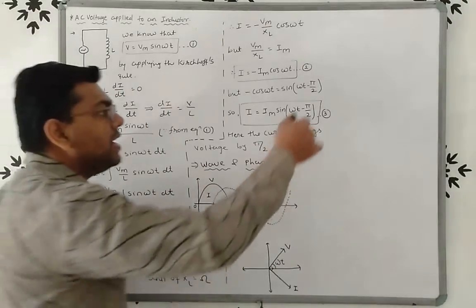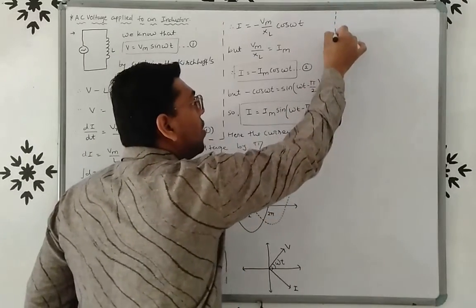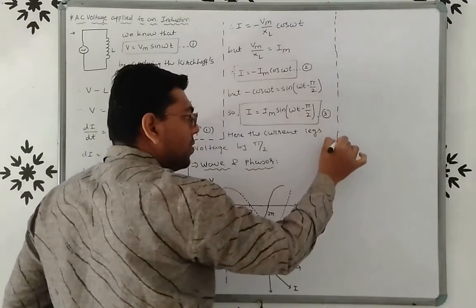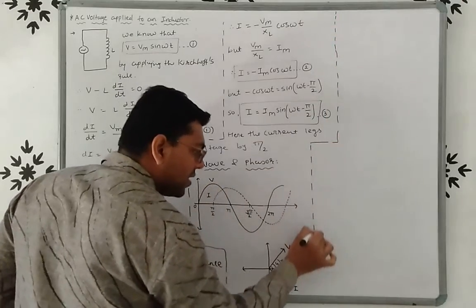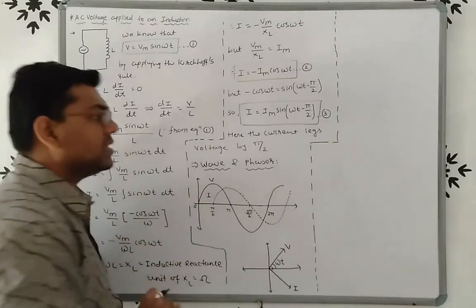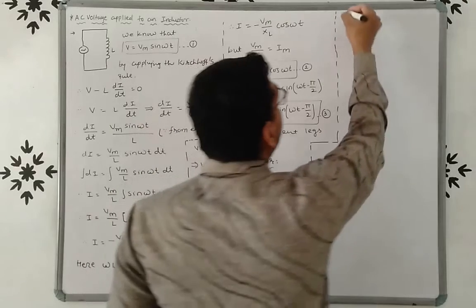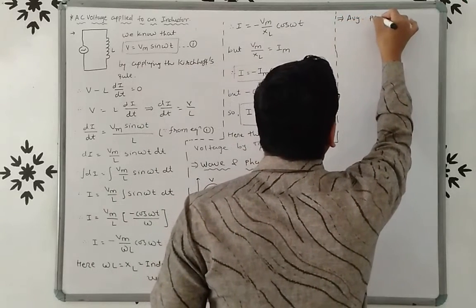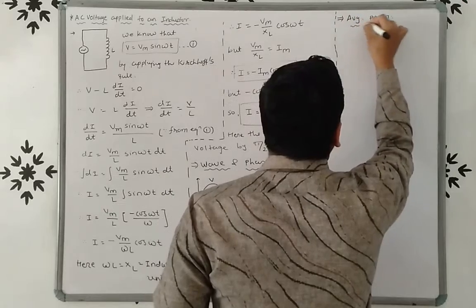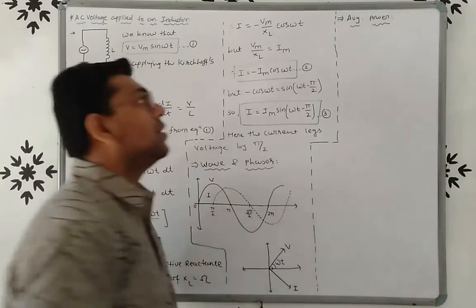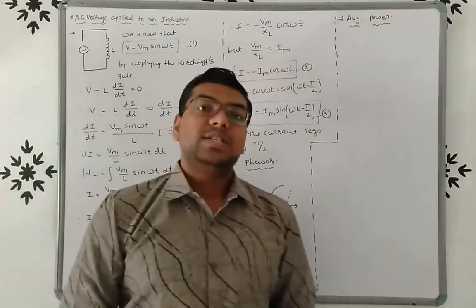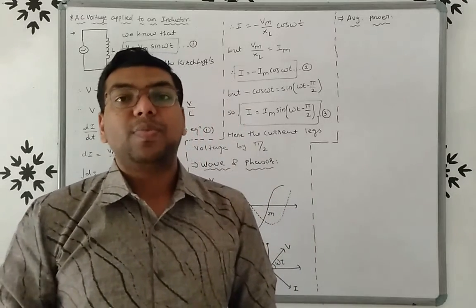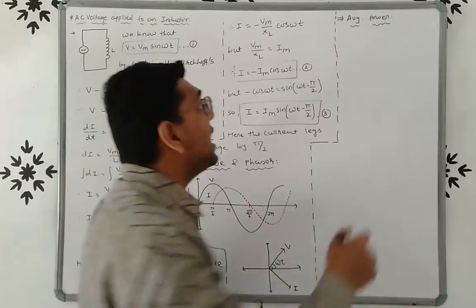Now we derive the equation of power, or we can say average power. Now friends, we already know the equation of power, P is equal to VI.